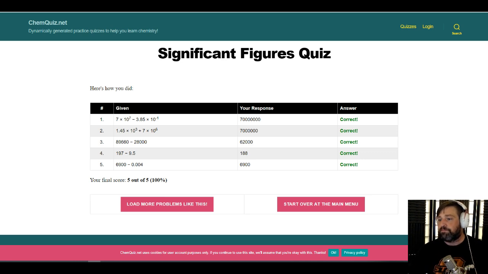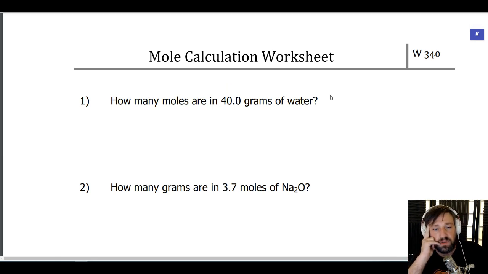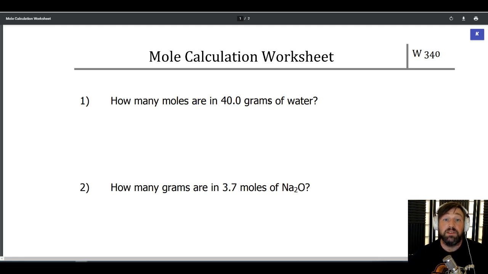And we're back. Okay. So now we're going to go through and do some mole calculations. How do we go from grams of a certain substance to moles of a certain substance and back again?